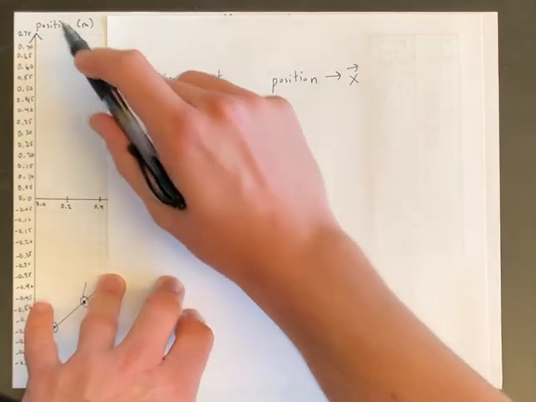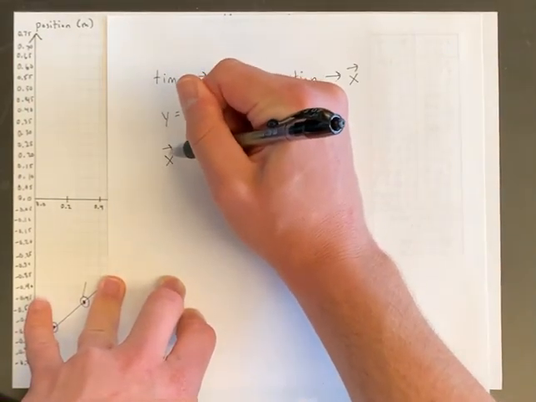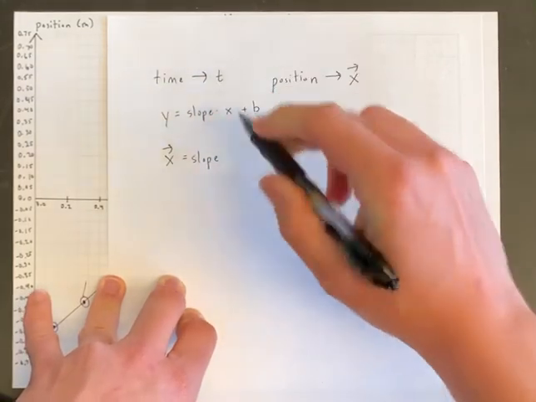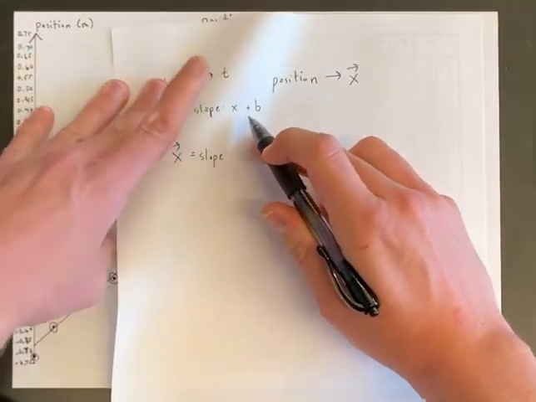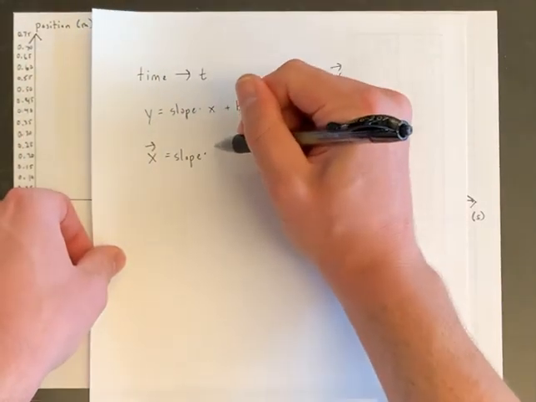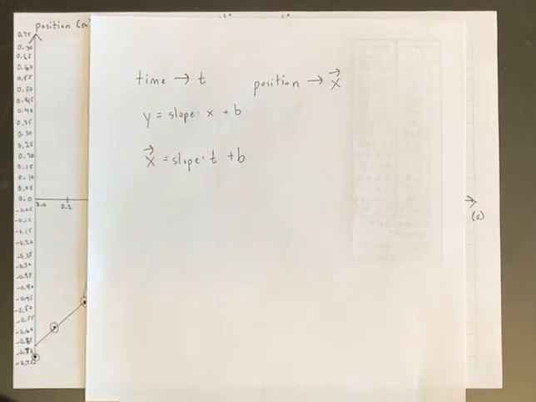On the y-axis, I have position, so I'll replace the letter y with my vector position x. I'll leave the word slope alone. On my x-axis, I have time, so I'll replace the letter x with the letter t, and I'll leave plus b for the y-intercept.